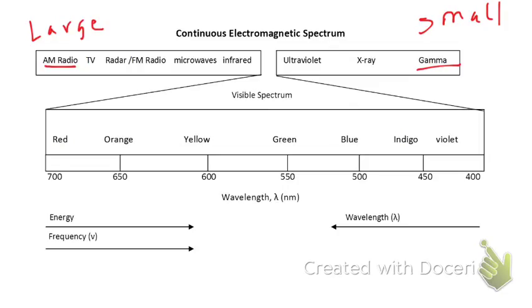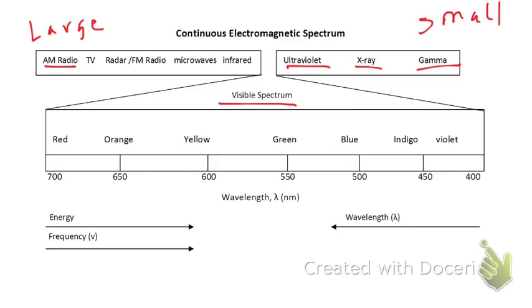All right. So as we move from radio waves, we move to television, to radar and FM radio waves, microwaves, infrared, and then right in the middle of the electromagnetic spectrum of light is the visible spectrum, which we'll come back to, and then we have ultraviolet light. Ultraviolet light is what causes us to get sunburns or for us to tan.